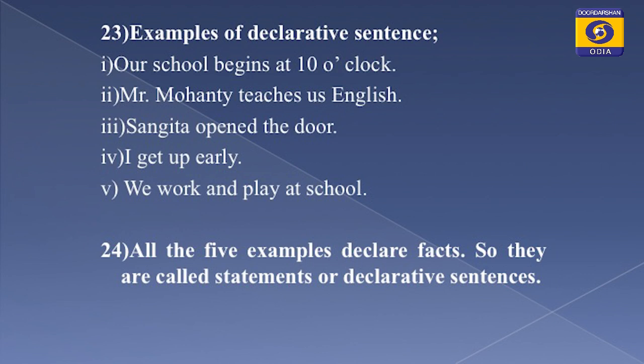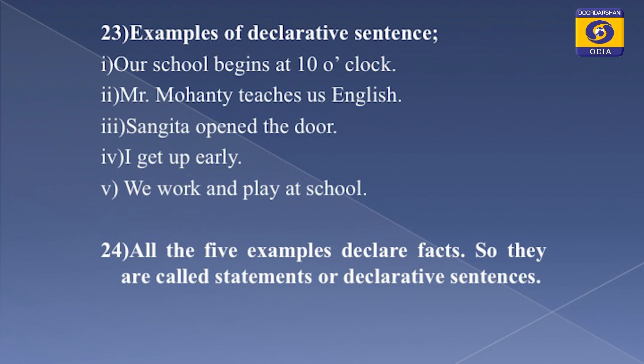Our school begins at 10 o'clock. This is a declarative sentence. It gives some facts, it gives some information. Mr. Mahanti teaches us English. The same thing, it also gives some information, it states something. Sangeeta opened the door. So this is also a declarative sentence. I get up early.